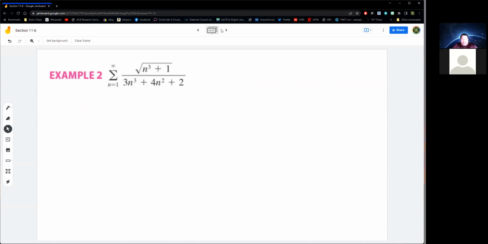We might be able to do a comparison, but if we look at this quick, the degree of the top is 3/2, the degree of the bottom is 3. So I know right there that this limit goes to 0, because the degree of the bottom is higher than the degree of the top. So the test for divergence isn't going to help me.